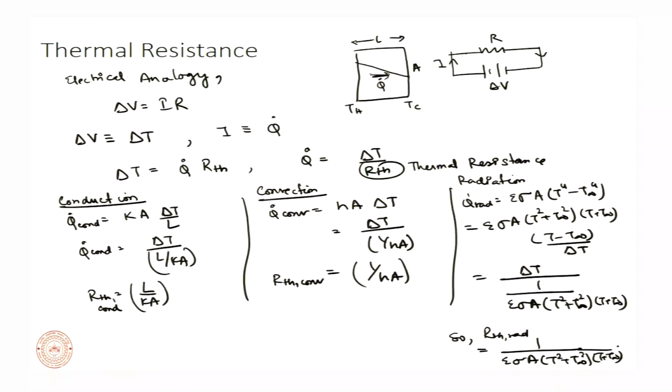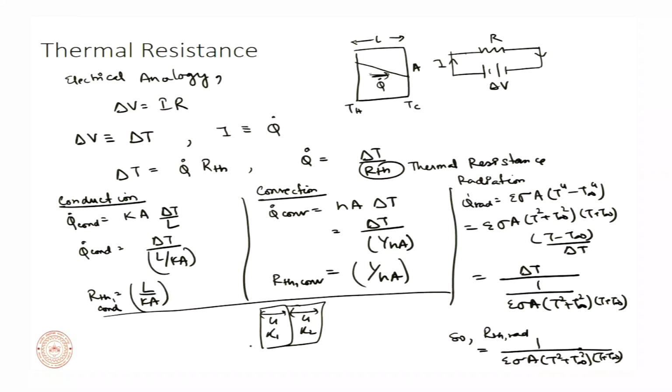Okay. So we now have a set of resistances. These resistances we can then connect in series and parallel. So let's just take one quick example. Say that you have two blocks of say length L1 and length L2 having thermal conductivity K1 and K2. The temperature difference is TH and TC. You want to solve for this problem, you can very well find the equivalent thermal resistance.